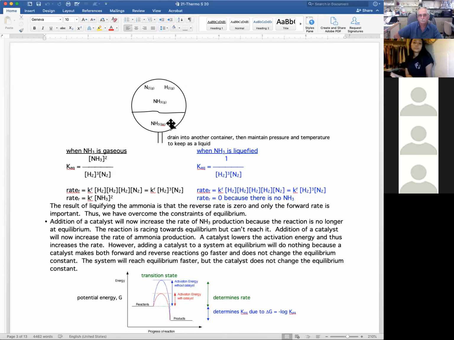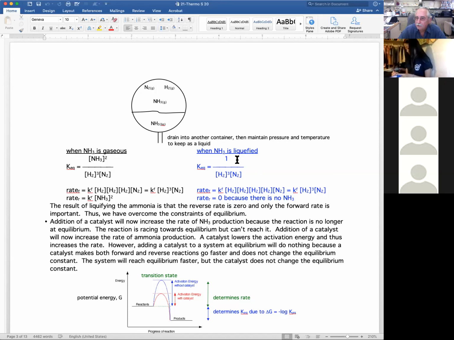So there's one more thing that we can do, but let's look at the difference in equilibrium constant when ammonia is a gas and when ammonia is a liquid. Products over reactants, right? Look up when ammonia is a liquid. Why did I leave out ammonia?